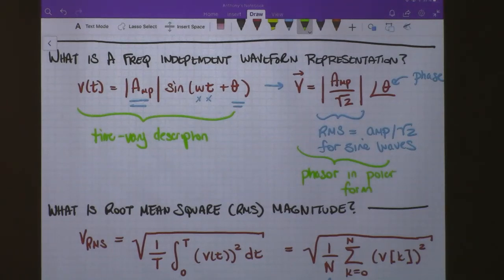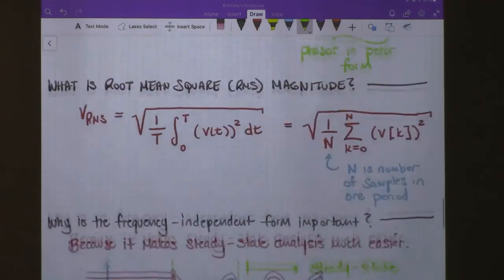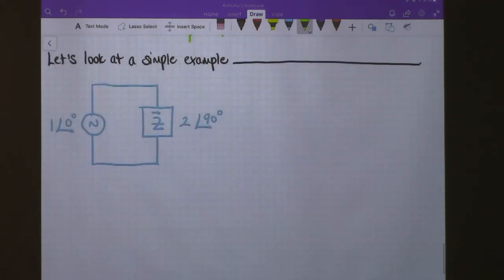This is the polar form of the phasor. There's another form, the rectangular form, which we'll talk about in a second, which is generally used to describe impedances, but for the time being, we'll just look at it like this.